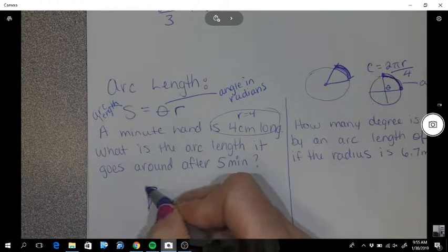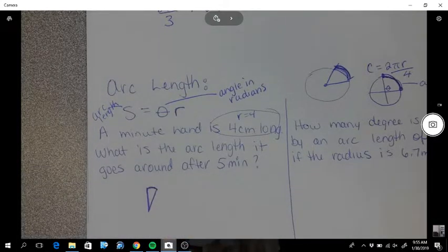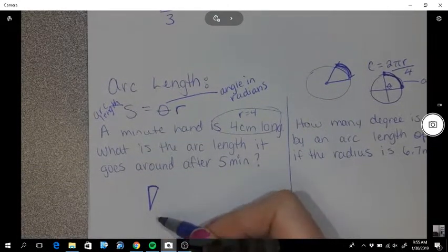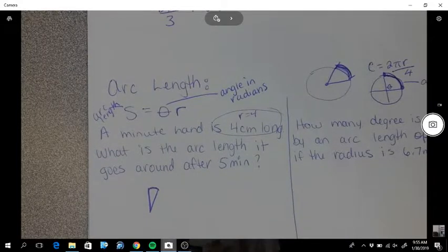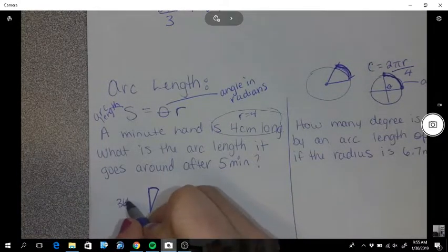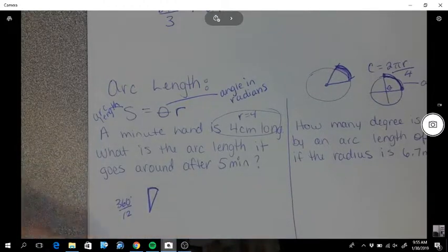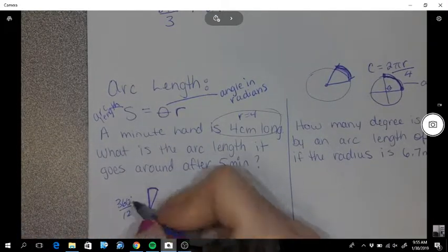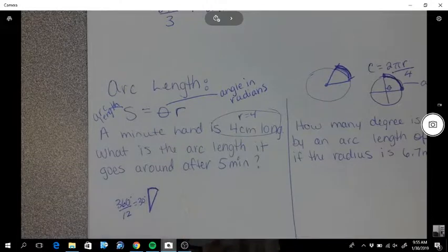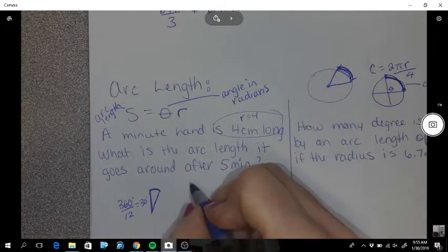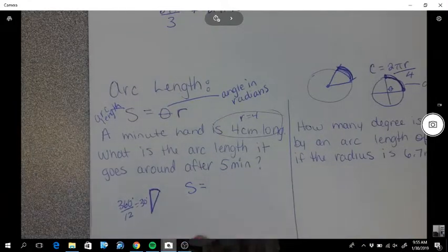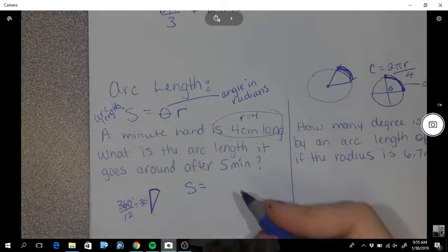It's kind of our diagram, right? So 5 minutes is 1/12 of the way around a clock. Does that make sense? So 360 degrees over 12 is 30 degrees. So we need to say the arc length is the measure of the angle in radians.